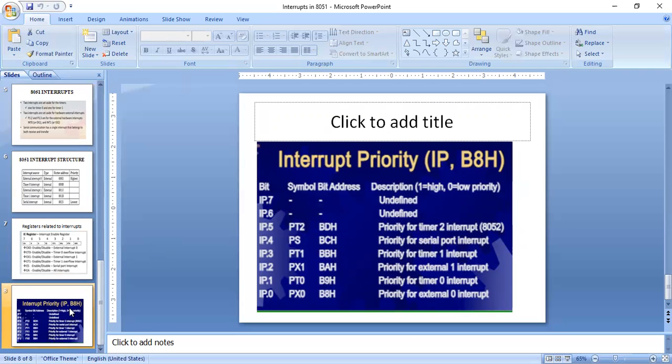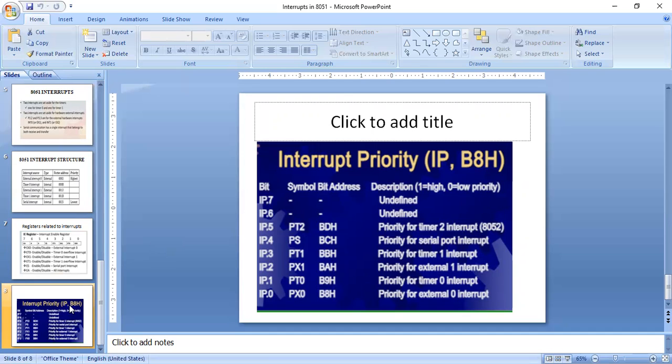Coming to the next register, that is the interrupt priority register. This is also an 8-bit register, in which we give the priority. I already said what priority means: if more than one interrupt needs to be serviced at the same time, it will be serviced based on priority. The highest priority is external interrupt 0, and the least priority is the serial interrupt.